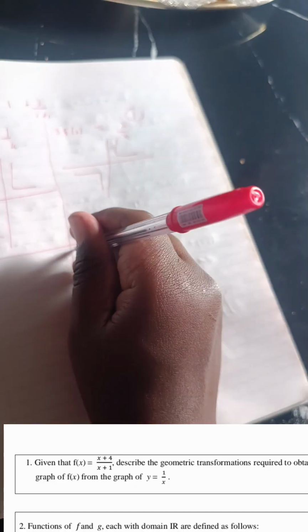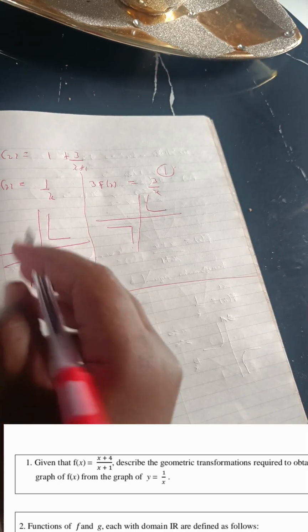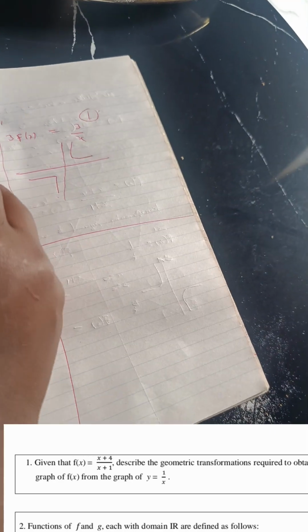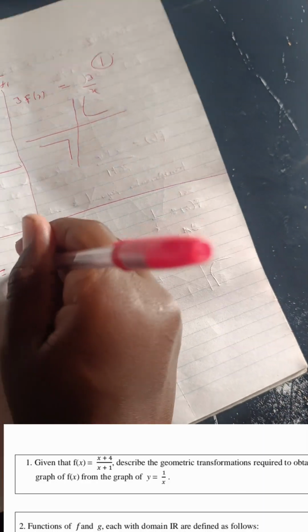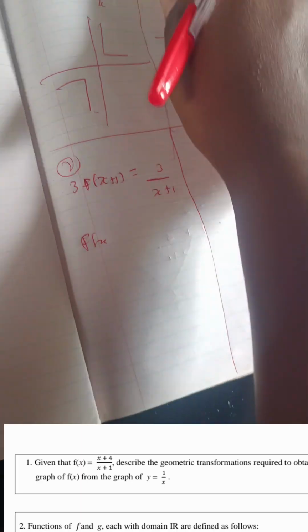Then the second transformation. We want f(x + 1), which is 3/(x + 1).